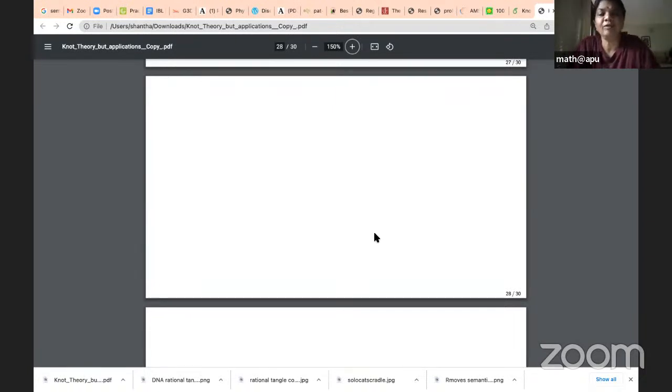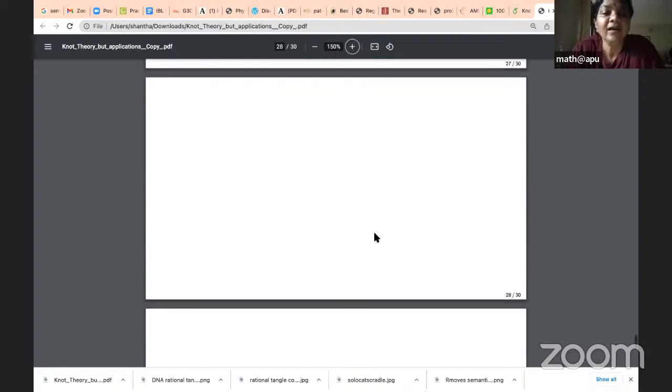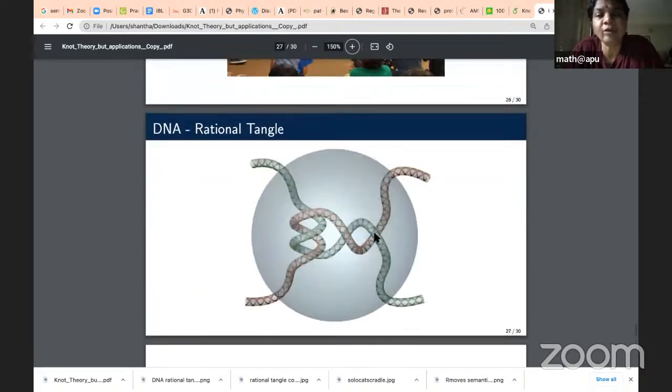But those are for the slightly advanced, maybe 11th or 12th standard. It doesn't fit in middle school, so I didn't write it over here. That's what I wanted to communicate about the possibilities of using knots and strings to explore spatial thinking. I will stop here if there are any questions.